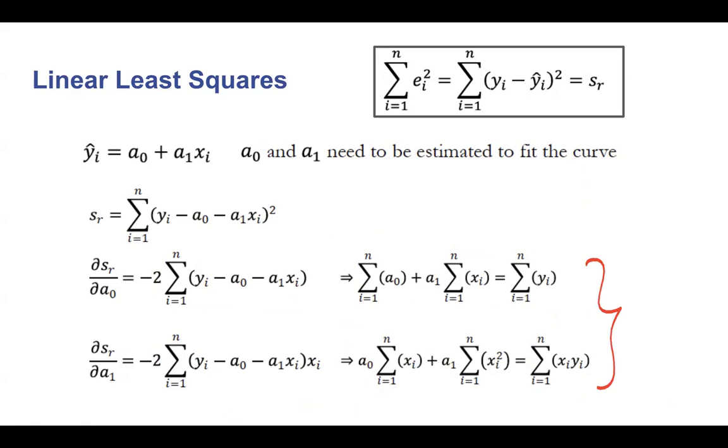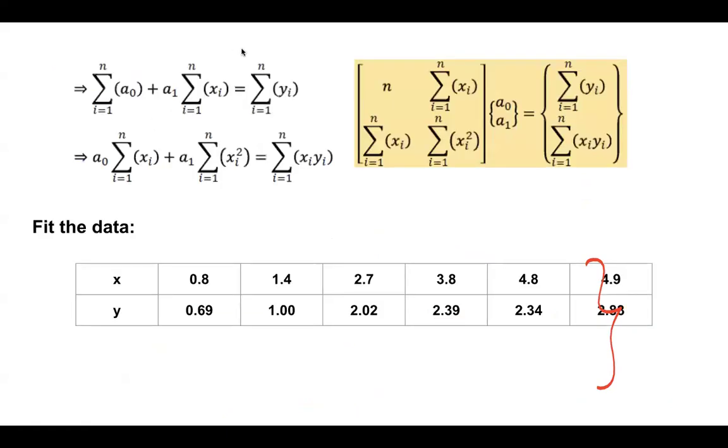Now we need to solve the two equations. So you know how to solve these two equations. So this is the total thing. And one more thing I can say is, since a0 is a constant, this a0 can be taken outside. So it will become a0 sigma i equal to 1 to n of 1.